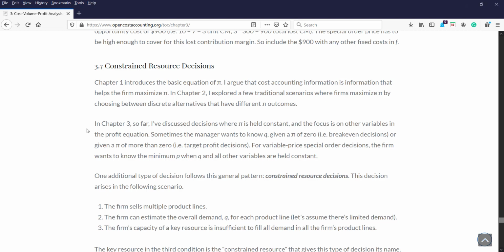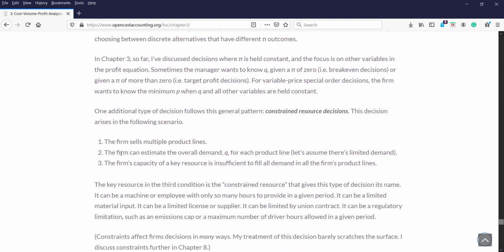So we have a firm that sells multiple products, and you can estimate demand for each of those different product lines. There's some limited demand, and we have a limited key resource, the constraint, that is insufficient to fill all of the product lines' demand. Now, this question only gets really interesting when this key resource is shared by all or most of the product lines.